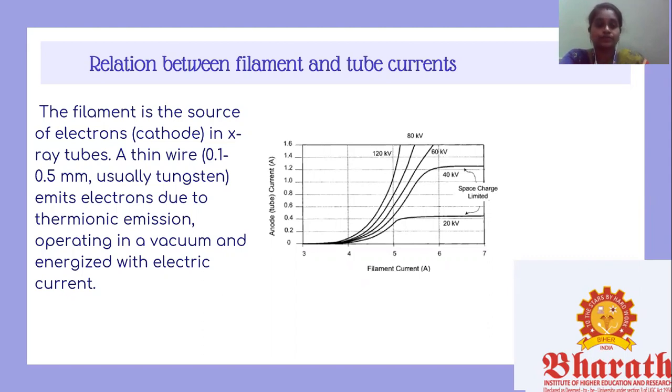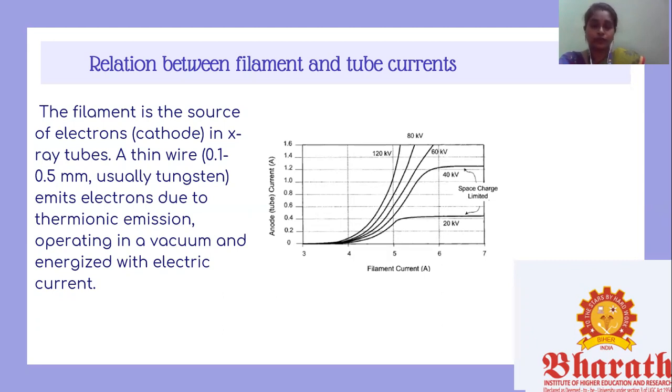The X-ray tube is like a vacuum, and the relation between the filament current and the anode tube current is very important, and both are measured in amperes. As you can see in the diagram, under 40 kV the tube current is space charge limited.